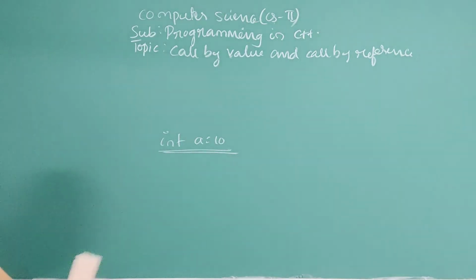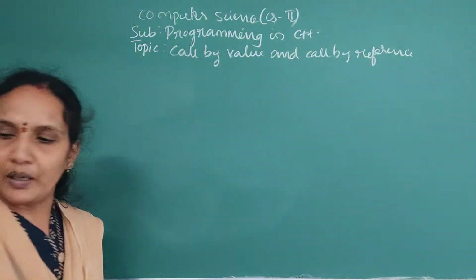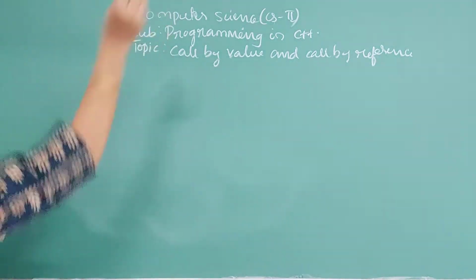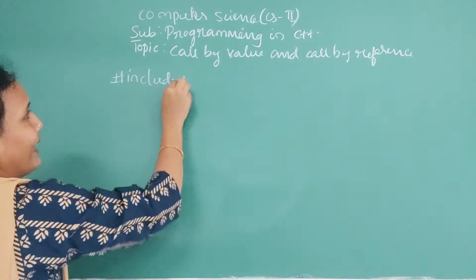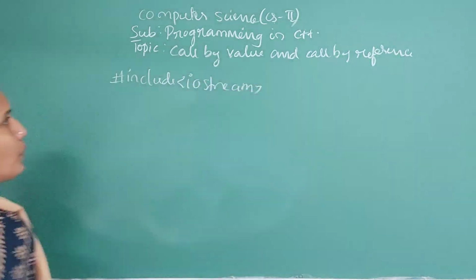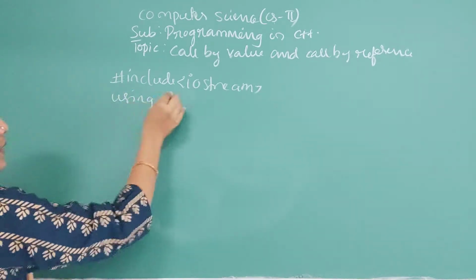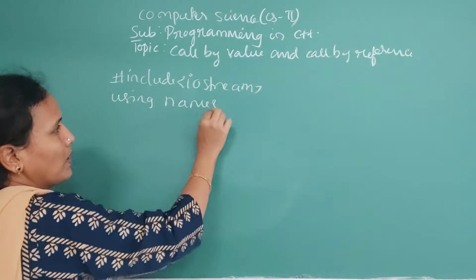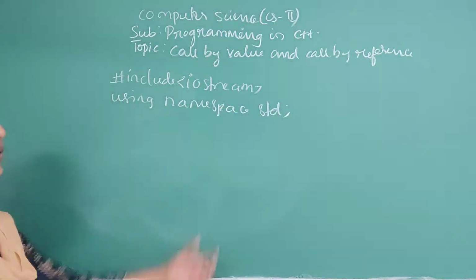First I will write the function program, then you will come to know what a function call is. As usual, first I write hash include iostream. We are including this header file in our program. Next, using namespace std.